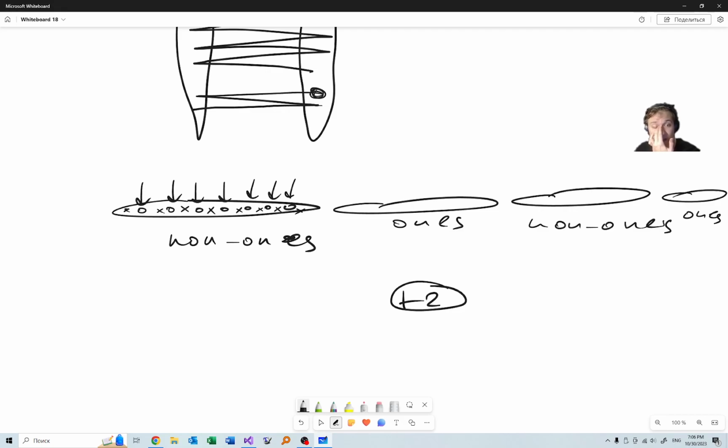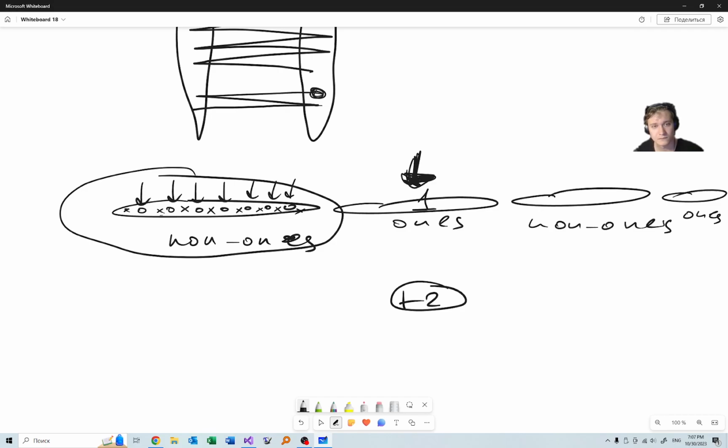Also, if we have only one 1 here, we need to do that also. Firstly, we need to remove all blocks of 1s. After that, we need to remove all such things.